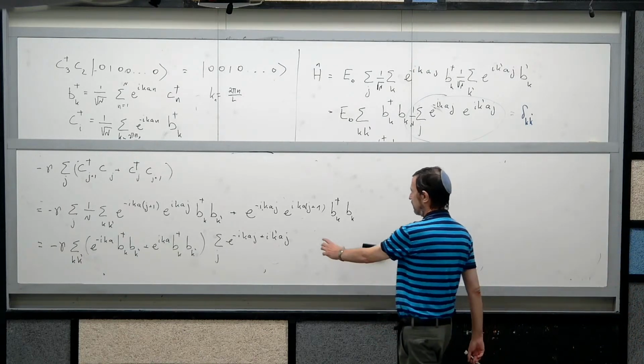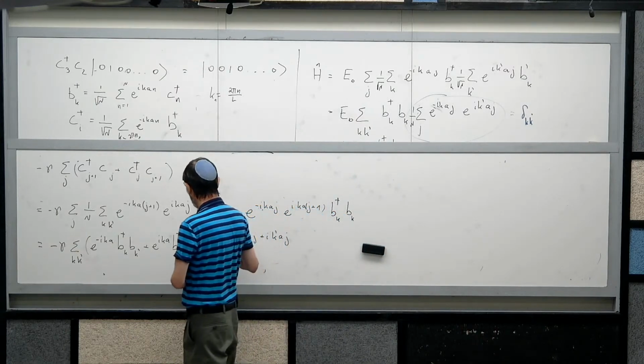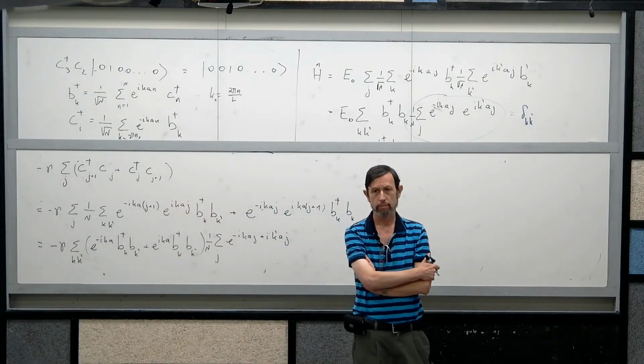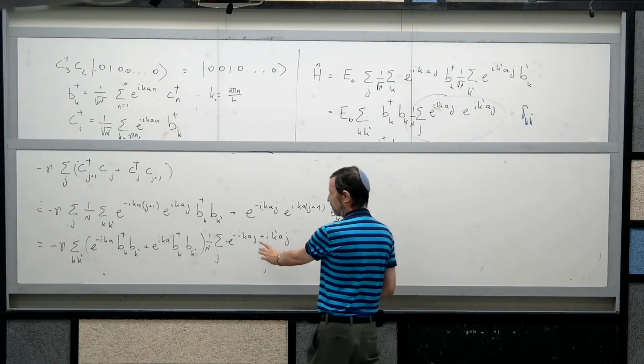I pulled out everything that doesn't depend on J outside and left everything that depends on J here.